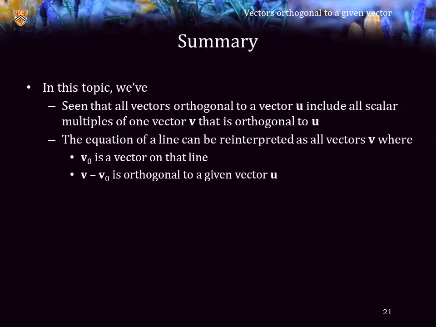Also, the equation of a line can be reinterpreted as follows: if v naught is one point on that line, then all points on that line are all vectors v that satisfy v minus v naught being orthogonal to the given vector u defined by the coefficients of the linear equation.